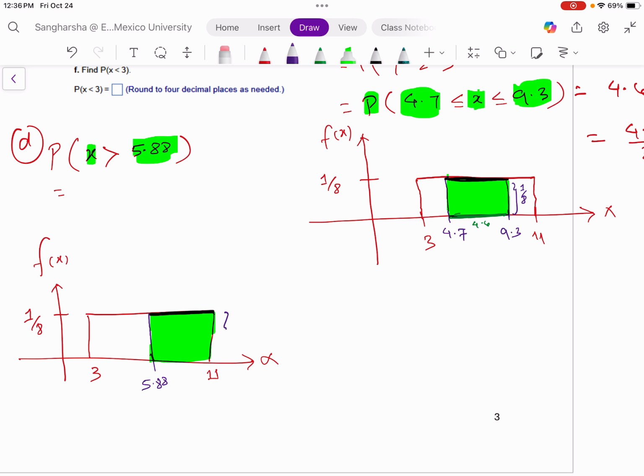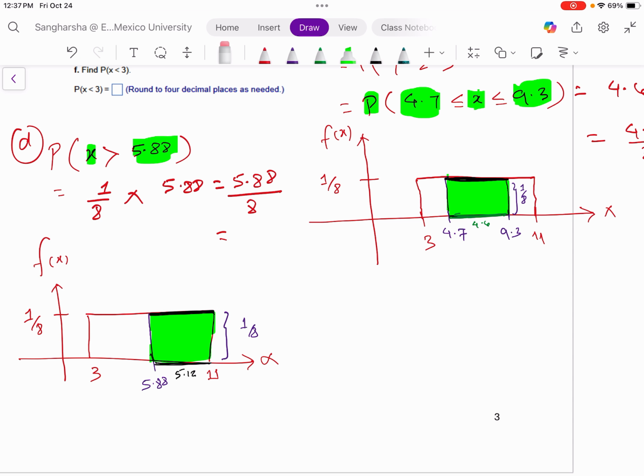So this height is 1 over 8. Next, this distance is 11 minus 5.88, which is 5.12. So our probability is 1 over 8 times, sorry, not 5.88.